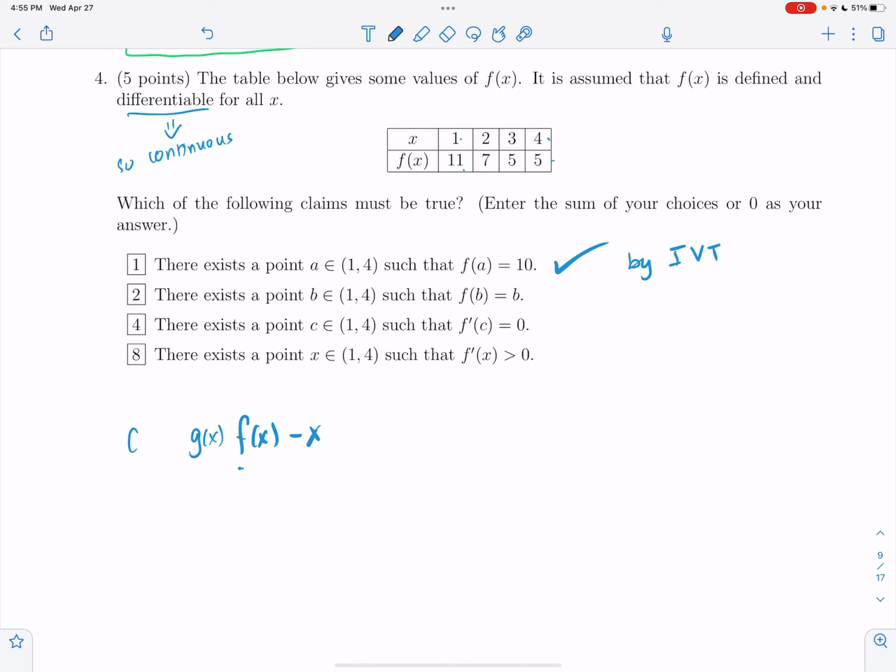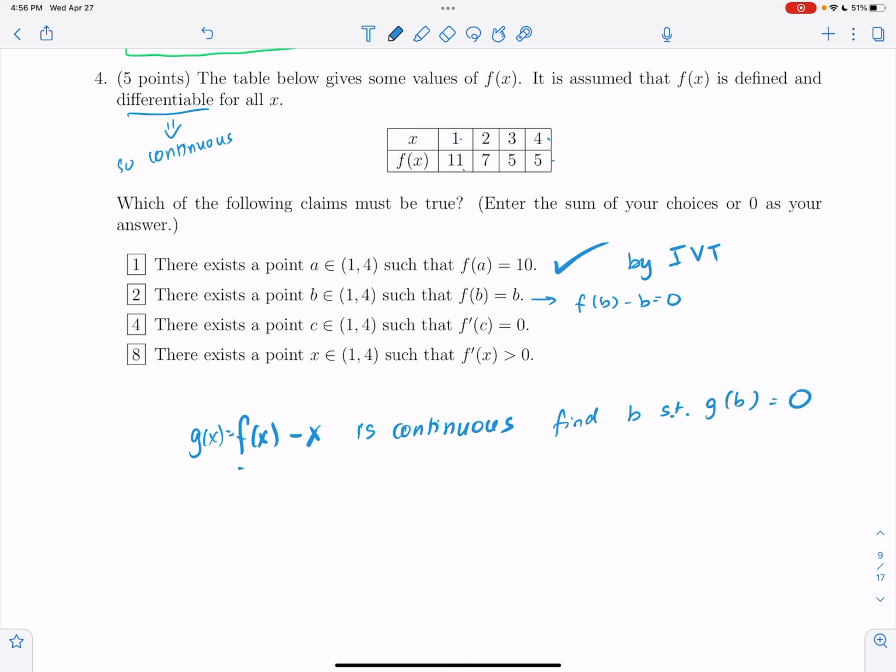Let's call that g of x. And what does this say? We want to find a b such that f of b minus b is 0. Well, that means we need to find a b such that g of b is 0.